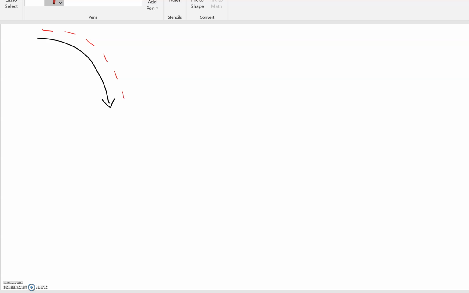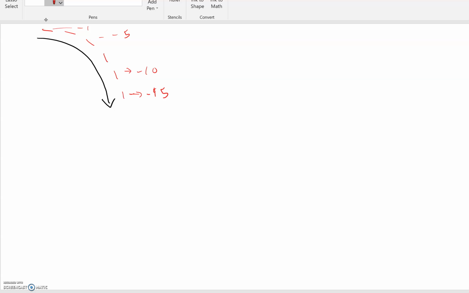This slope might be close to 0, but it's tilting in the decreasing direction. It's going to be negative. These are all going to be negative. Maybe this one is -1, maybe this one's -5, this one's -10, -15, and so forth.